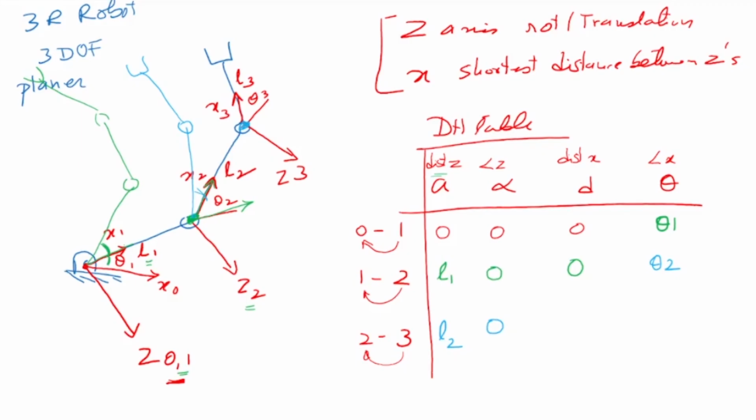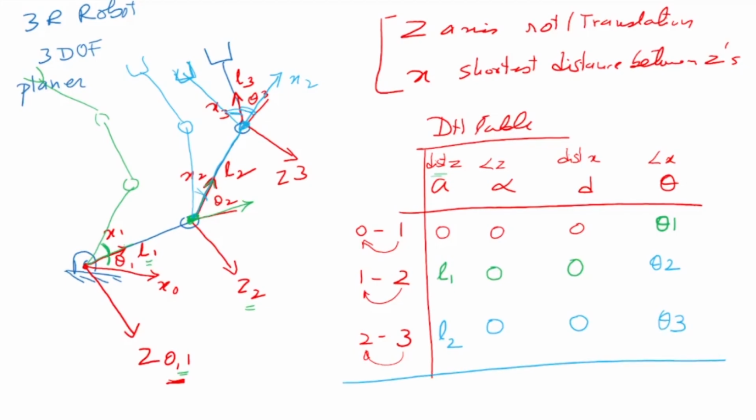What about the distance d, the distance between the x-axes? Now x2 is this side, that is my x2 if I extend, and this is my x3, and this is my theta 3. They're intersecting at a point, so there is no distance. And when theta 3 moves, this will come here, so this angle will change. So my theta 3 is the variable. This is what I call the DH parameter table.